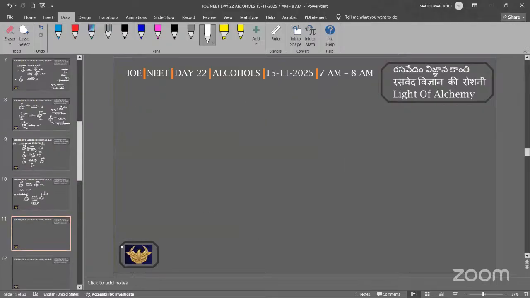Next, see, nucleophilic substitution reactions also we have discussed, but the reactant we have taken is chlorobenzene. Now, in the place of chlorine, let us take phenol, OH. Nucleophilic substitution reactions.